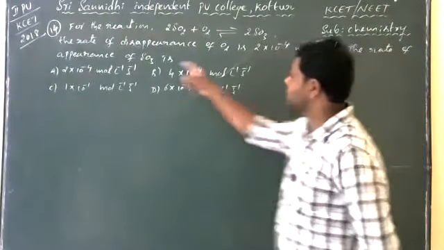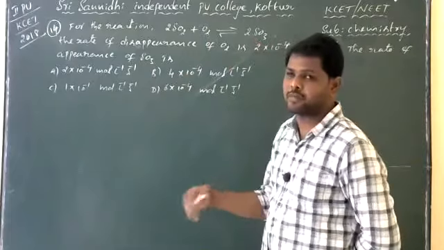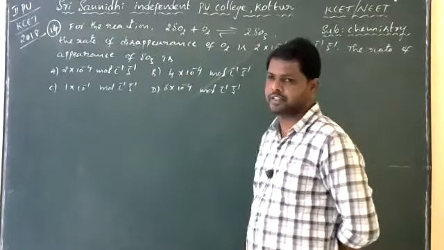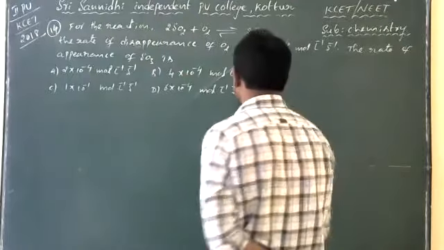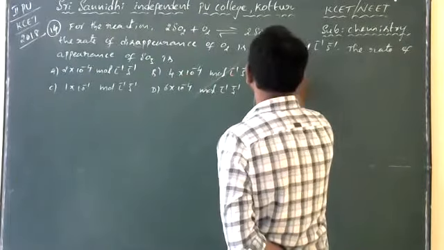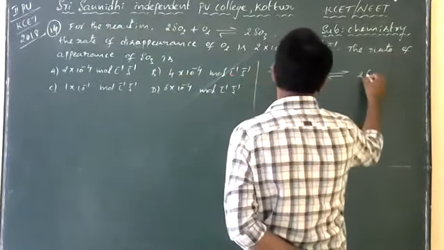The rate of appearance of SO3 means the product concentration, how much it increases, which is the disappearance of O2 here. Then we have to take the first equation, which is 2SO2 plus O2 gives 2SO3.